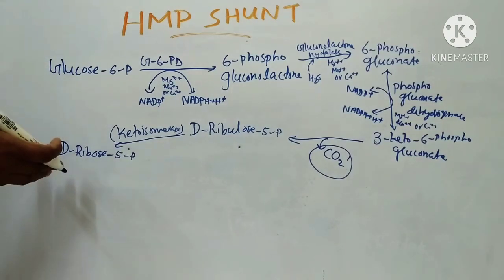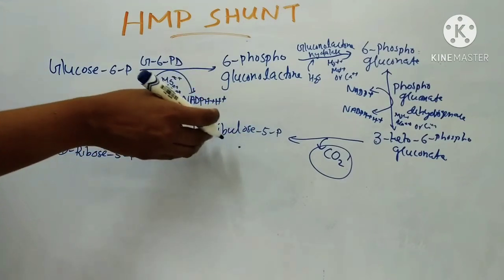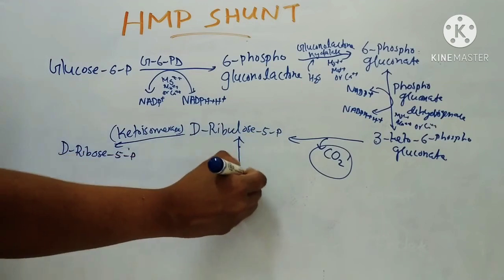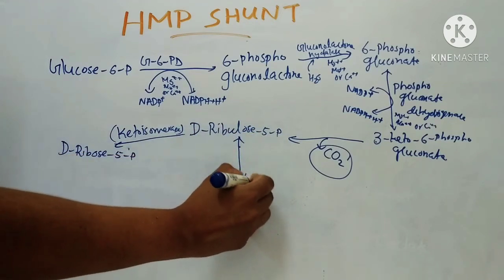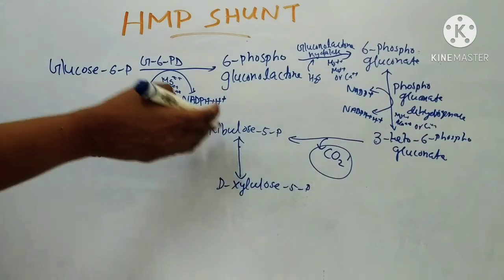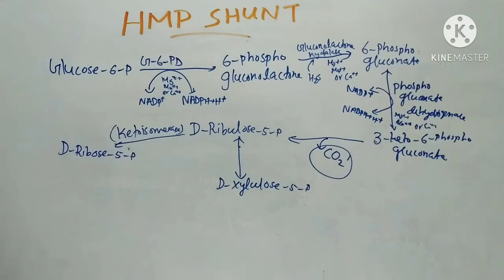This D-ribose 5-phosphate again can be converted to D-cellulose 5-phosphate. So D-ribulose 5-phosphate can be converted to D-ribose 5-phosphate or D-cellulose 5-phosphate.